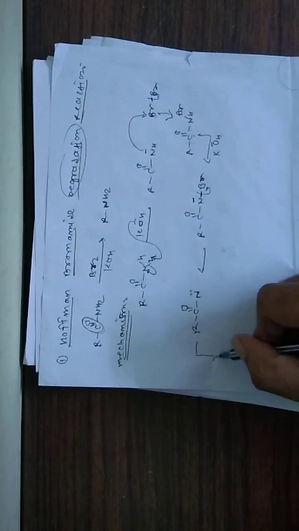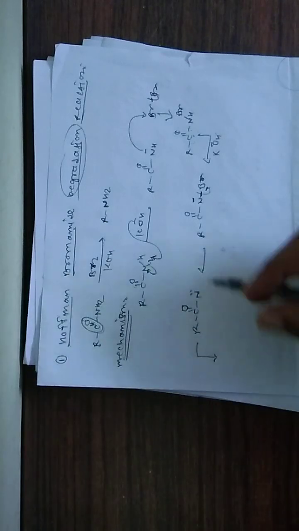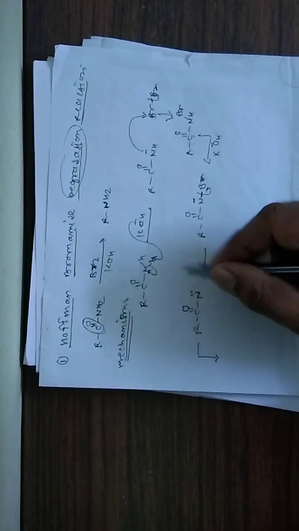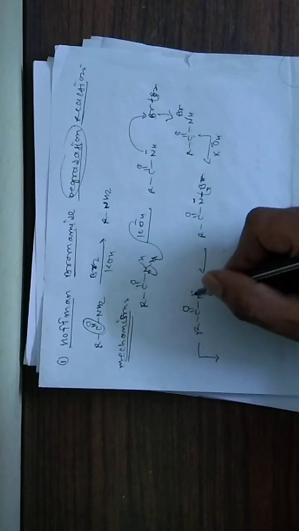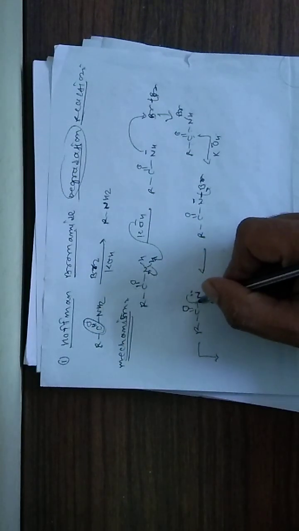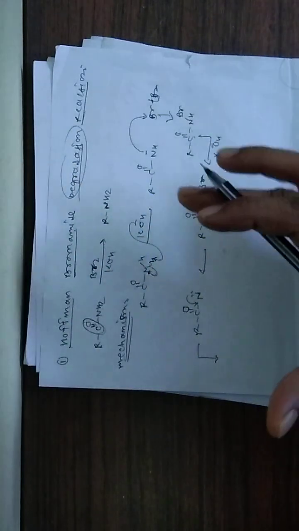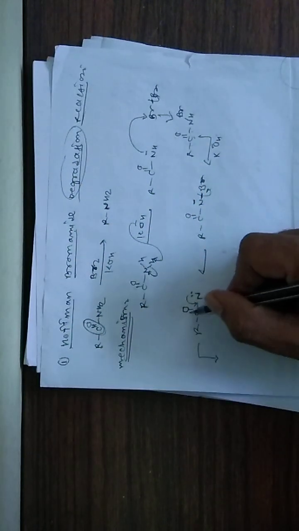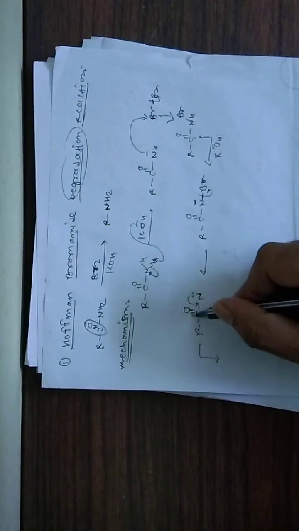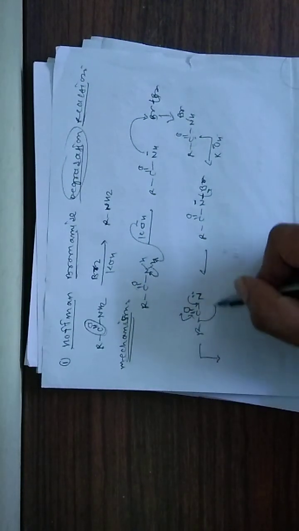Now here, an intramolecular alkyl transfer will happen. How will it happen? The lone pair of nitrogen will go here. This happens in one step. So this bond will open, come back, and this alkyl group will migrate to the nitrogen.